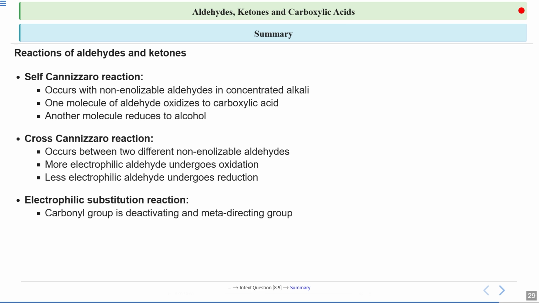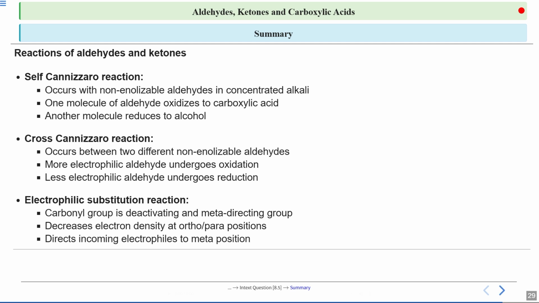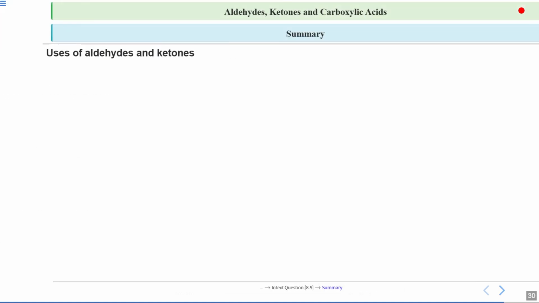So it reduces the reactivity of the aromatic ring and directs the incoming electrophile to the meta position. The carbonyl carbon decreases the electron density at the ortho and para positions of the aromatic ring, making these positions less reactive to electrophiles. Finally, the incoming electrophile attaches at the meta position, because at the meta position there is more electron density compared to the ortho and para positions.